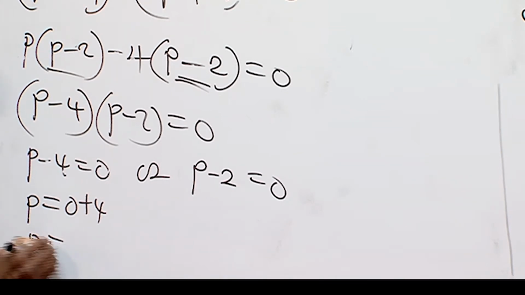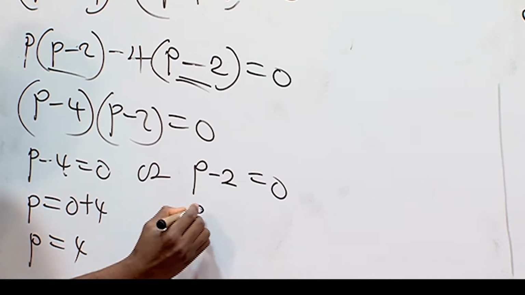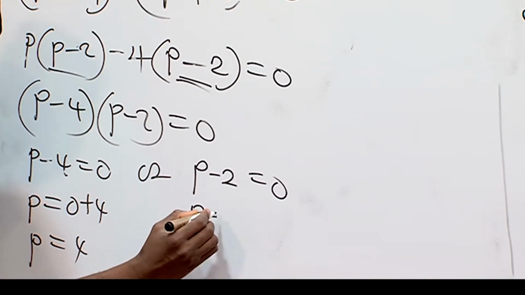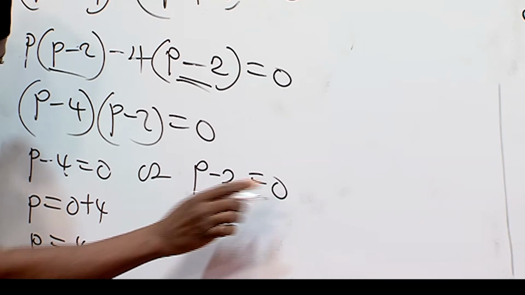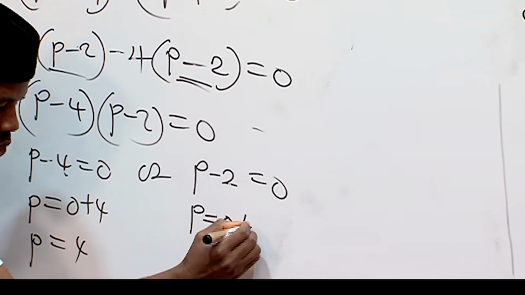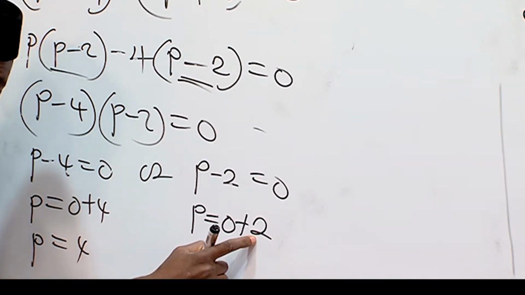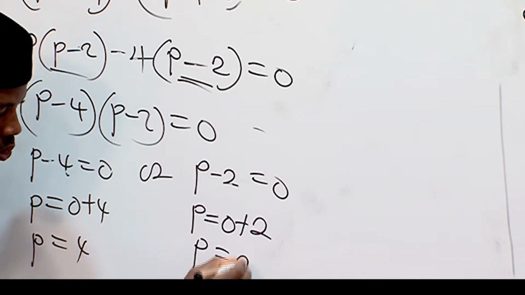So P equals 4. Here, P minus 2 equals 0. That means P equals 0 plus 2, because minus 2 crossing here becomes 2. So P equals 2.